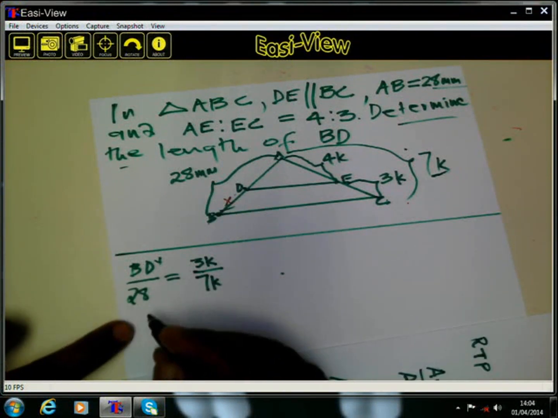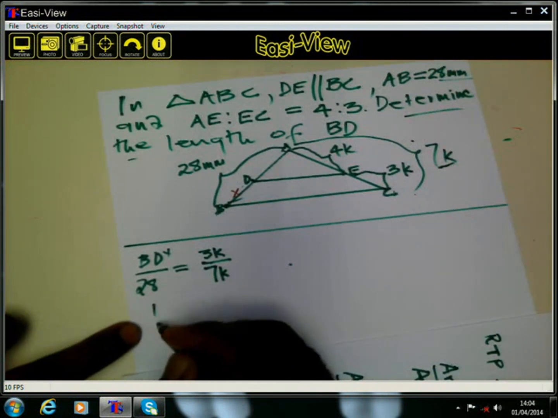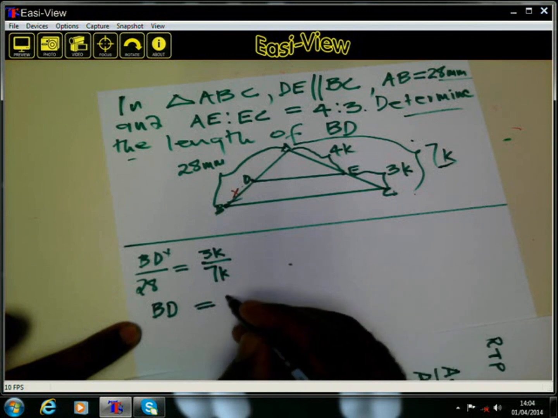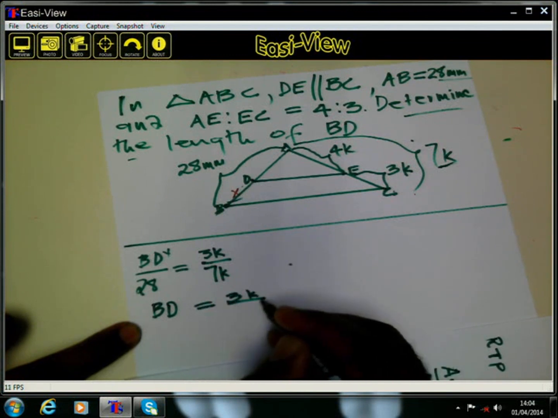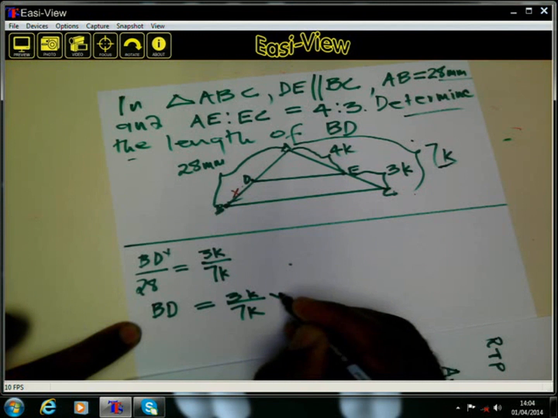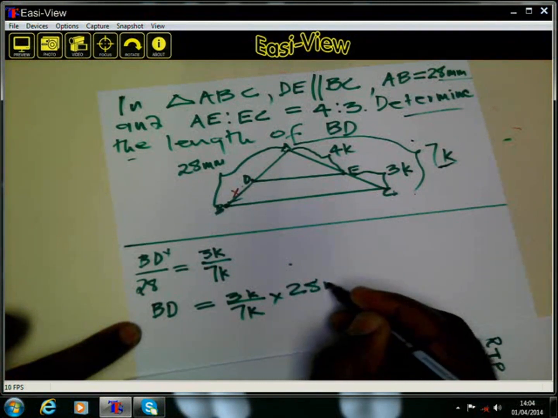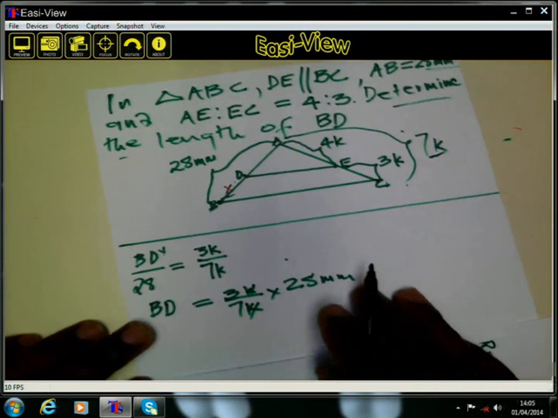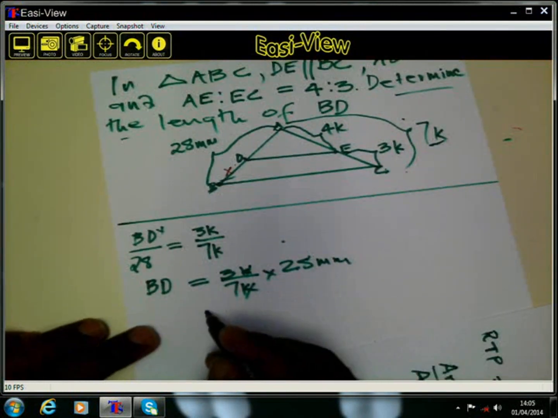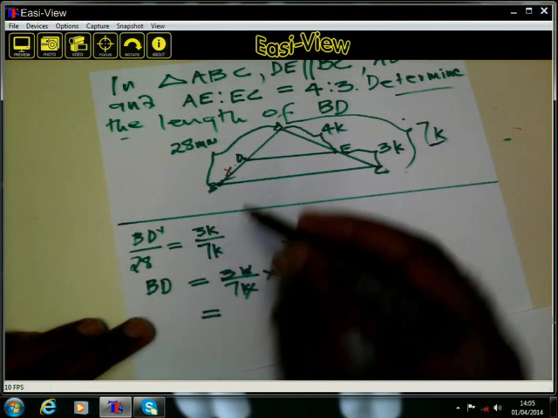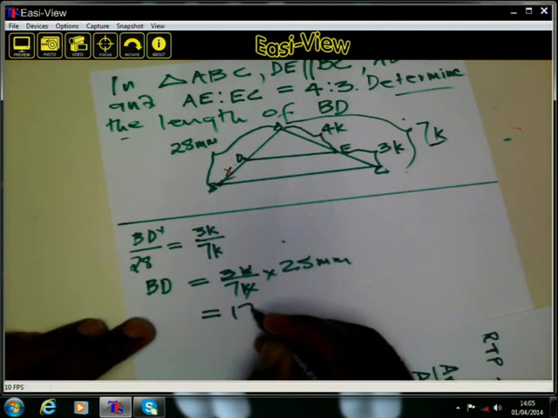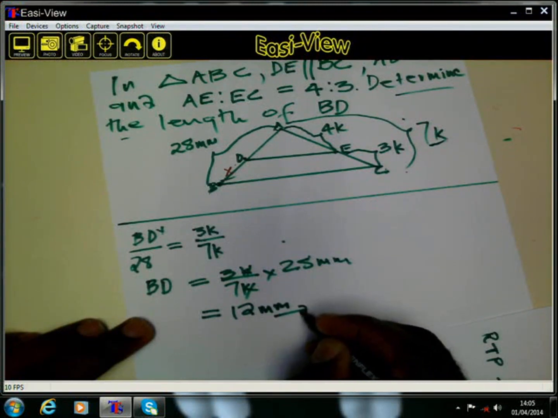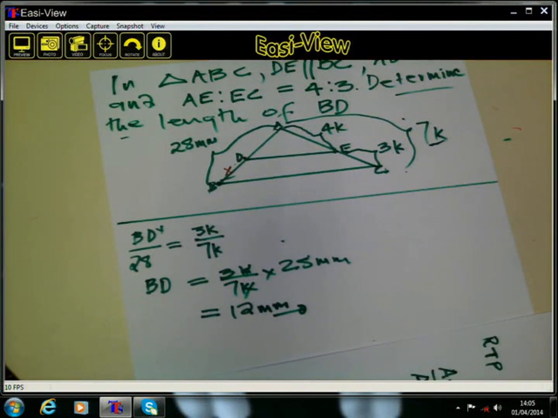So this is going to leave me with BD being equal to 3K over 7K multiplied by 28 millimeters. Remember, the K can cancel the K. Using your calculator will enable you to have side BD to be exactly 12 millimeters long. So that is what was expected of you.